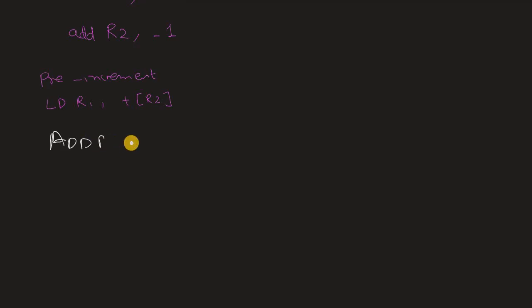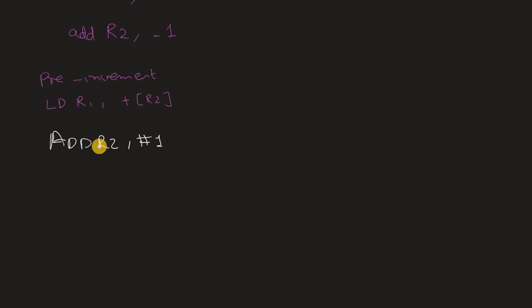And there is also the case of pre-increment. An example of pre-increment would be load R1 and then we have plus R2. What does this mean? This is similar to if we go ahead and do add R2 and then 1.